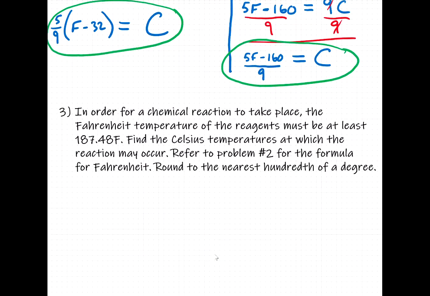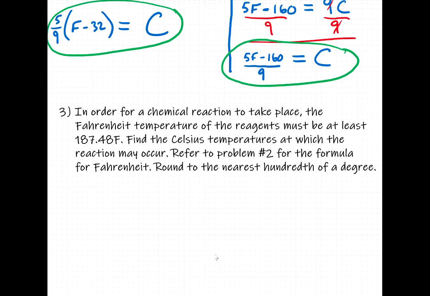In order for a chemical reaction to take place, the Fahrenheit temperature of the reagents must be at least 187.48 degrees Fahrenheit. Find the Celsius temperature at which the reaction may occur. Refer to problem 2 for the formula for Fahrenheit and round to the nearest hundredth of a degree.